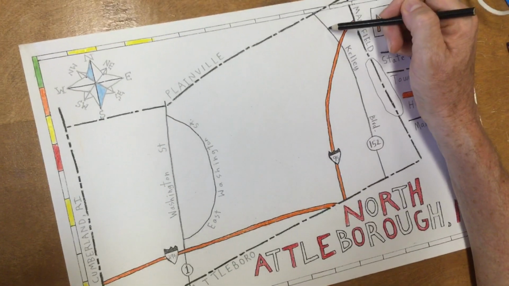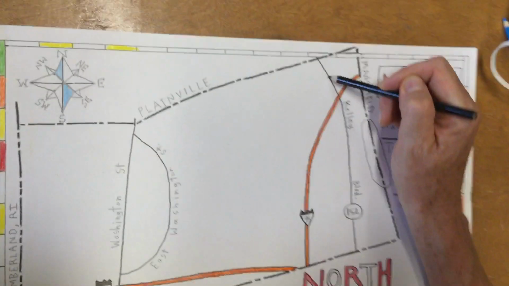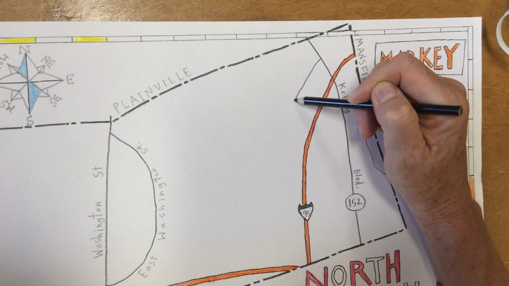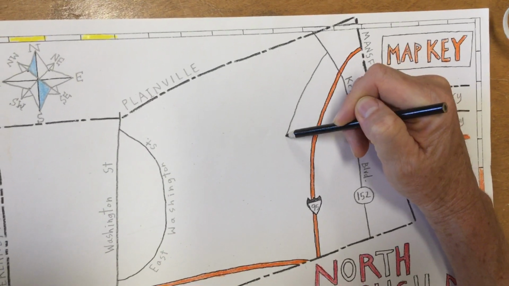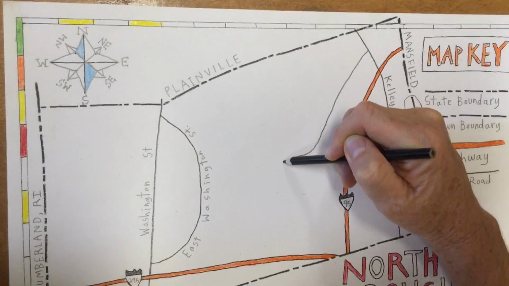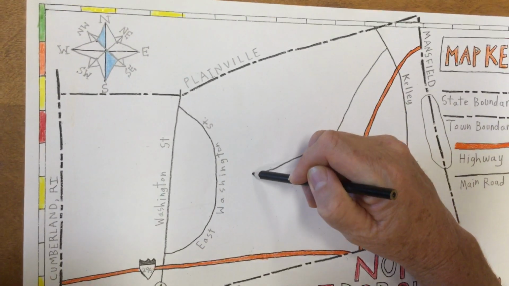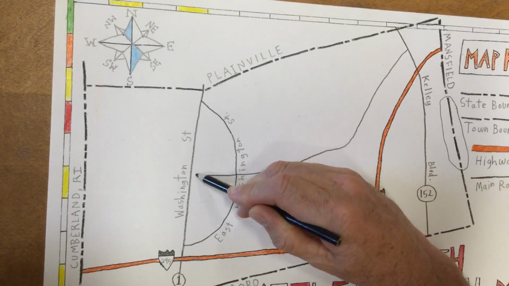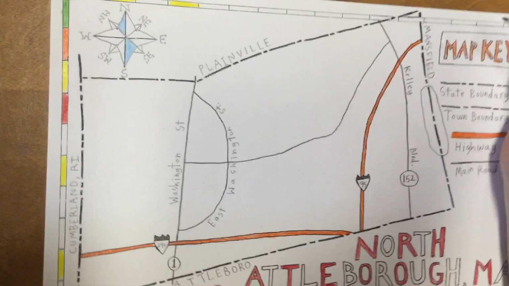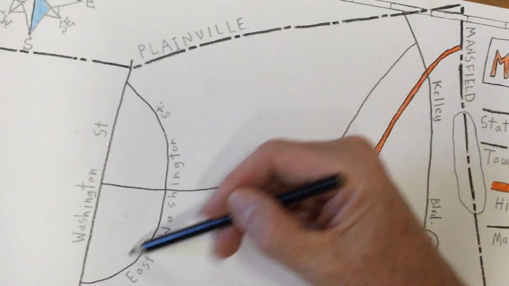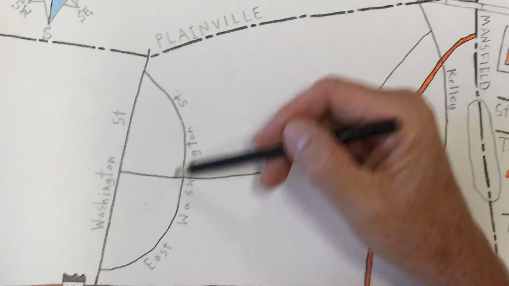So it's going to kind of go like this. You're going to start right about here. It's going to come down. And then about halfway down, it's going to shoot across. And it's going to kind of divide that East Washington Street in half. So you can see it almost divides this little section in half.